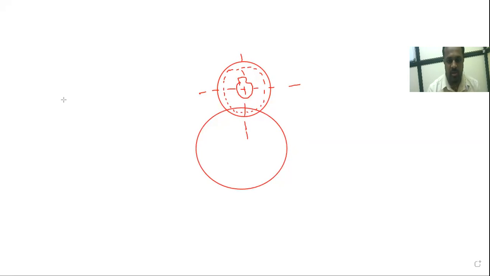And you have to remember this pitch circle of the pinion. This pitch circle of the pinion should be matched with the pitch circle of this big gear.